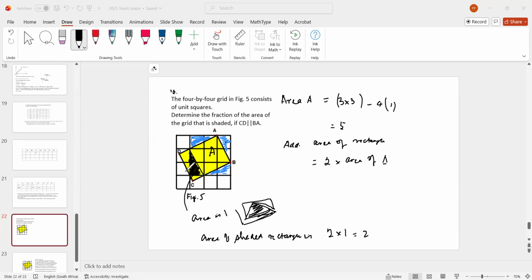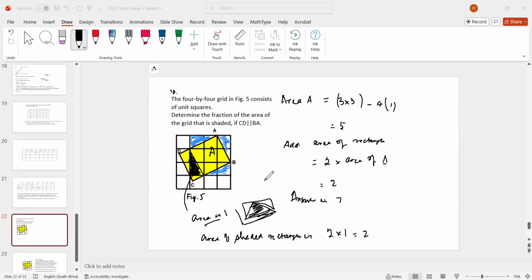Because this area is 1, half base times height. This area is 1. And therefore the area of this rectangle will be twice that, which is 2. So add the area of the rectangle, it's 2, therefore the answer is 7.